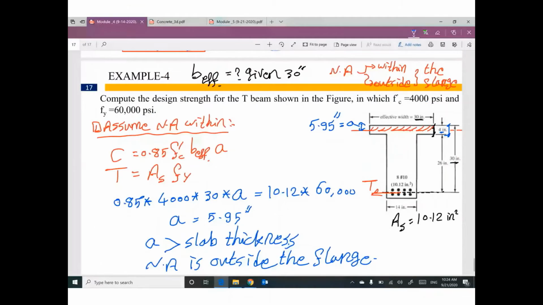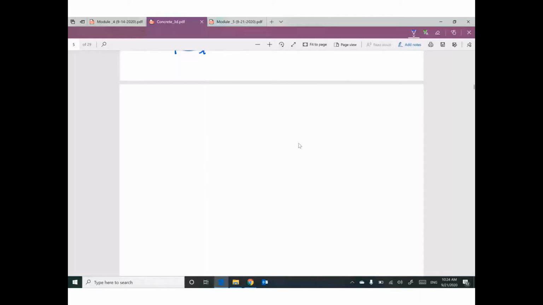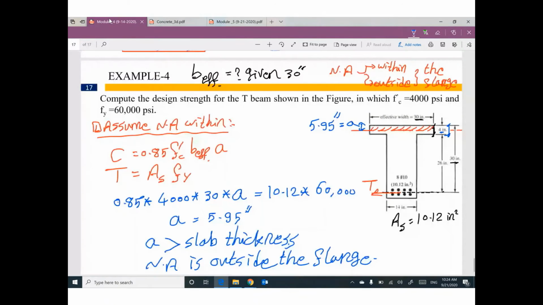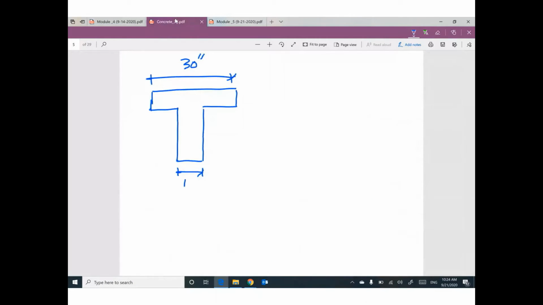So we have a cross section. This width is 30. This width is 14. We have area of steel here, and this area of steel equals 10 point something, 0.12.